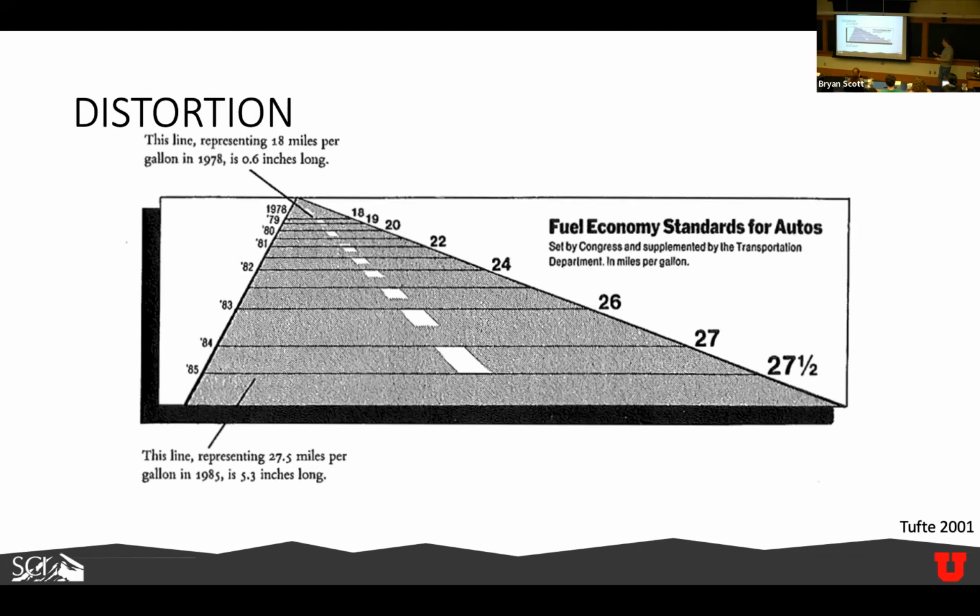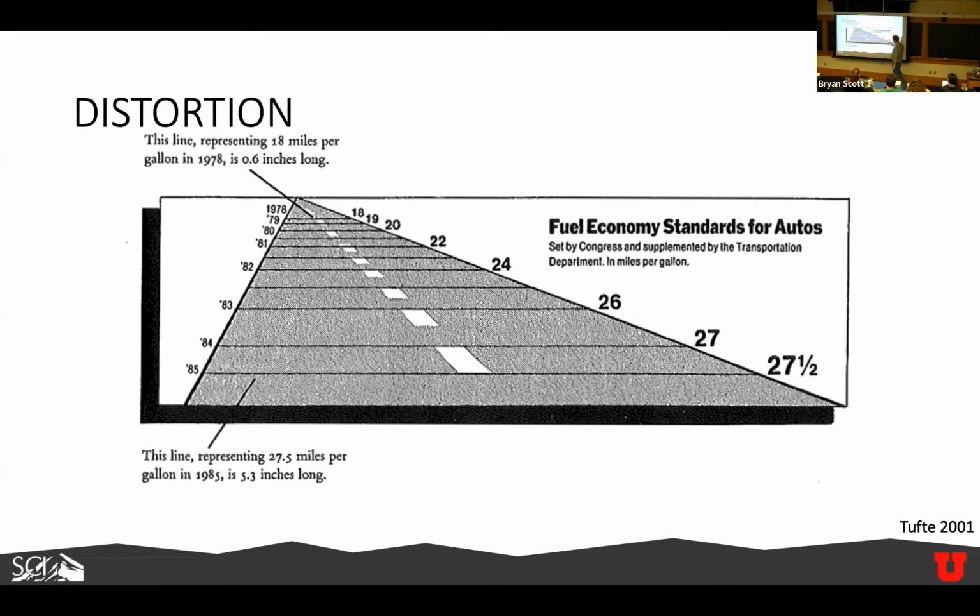This is more of an infographic, but we have years on the left and fuel efficiency standards on the right. They're trying to use this little road to show the increase in the fuel efficiency standard. At the very back in 1978, you have a line that is 0.6 inches long and measures 18.